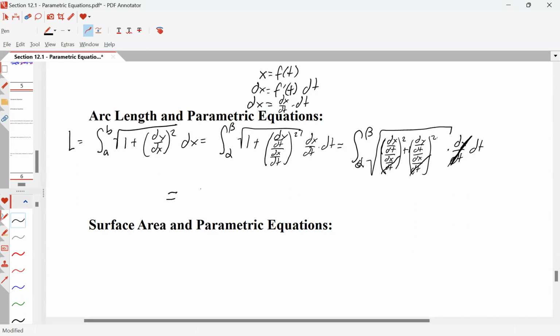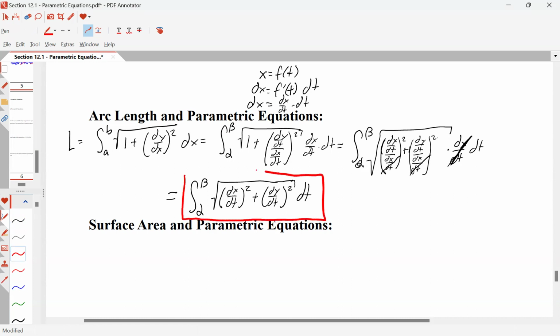Meaning this whole integral is the integral from alpha to beta of the square root of (dx/dt) squared plus (dy/dt) squared dt. And all this has done is show how we can get from our terms of x arc length into a parametric equation arc length formula. So we will use this arc length formula in an example in just a bit.